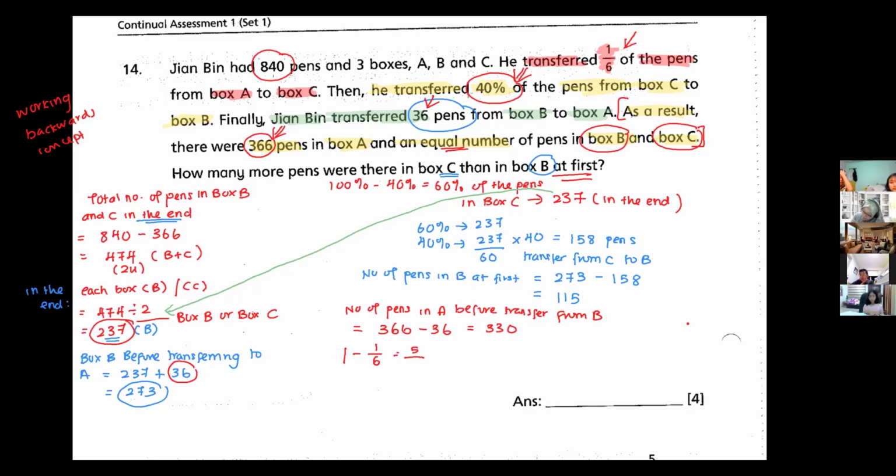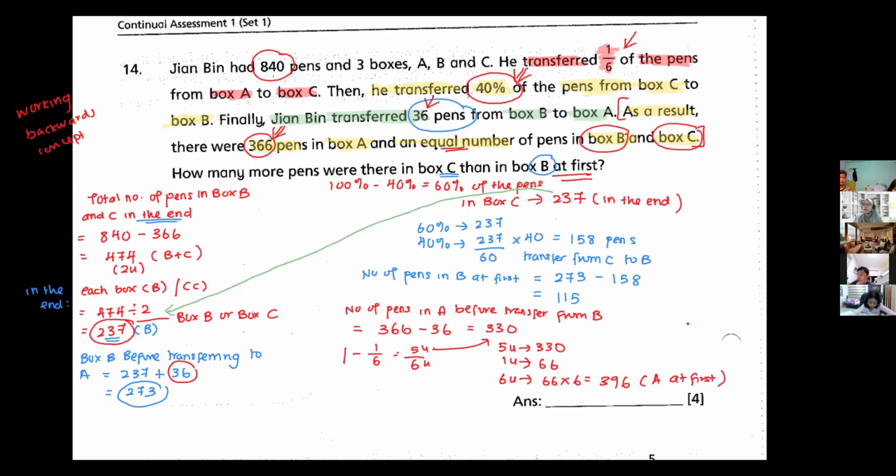I have 5/6, so this 5 units is 330. 1 unit is 66. I find 6 units: 66 times 6 equals 396. This is A at first.